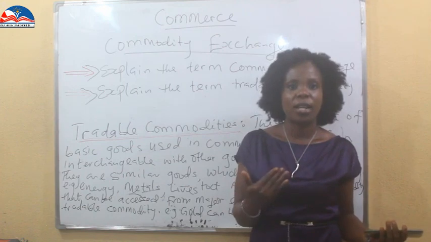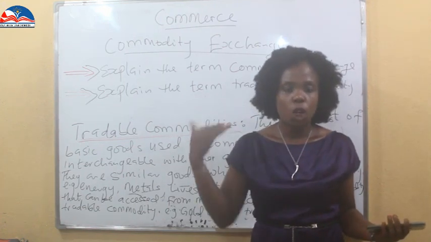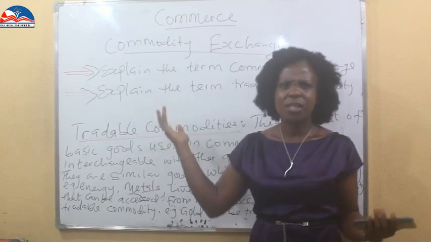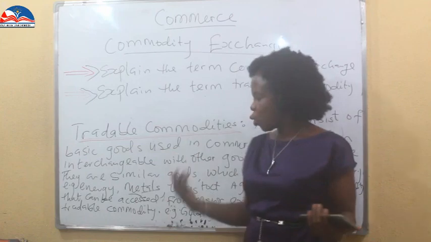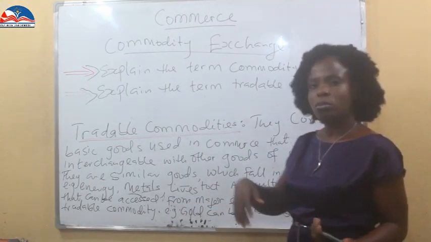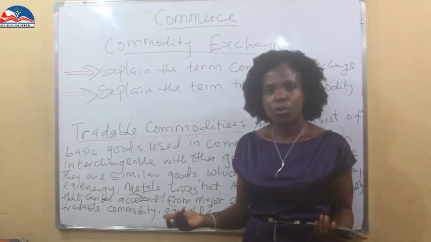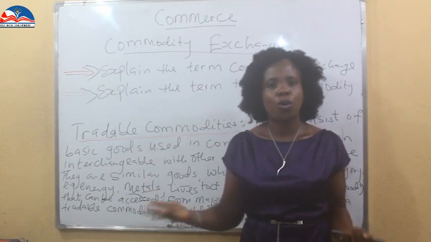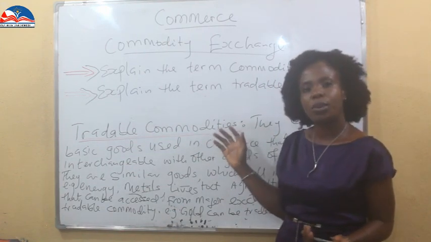Bitcoin can be traded in Binance, in Luno, you name it. There are many of them. And so, for example, I say gold for gold, livestock for livestock, like cattle for cattle, crude for crude, coal for coal, depends. So this is tradable commodity.